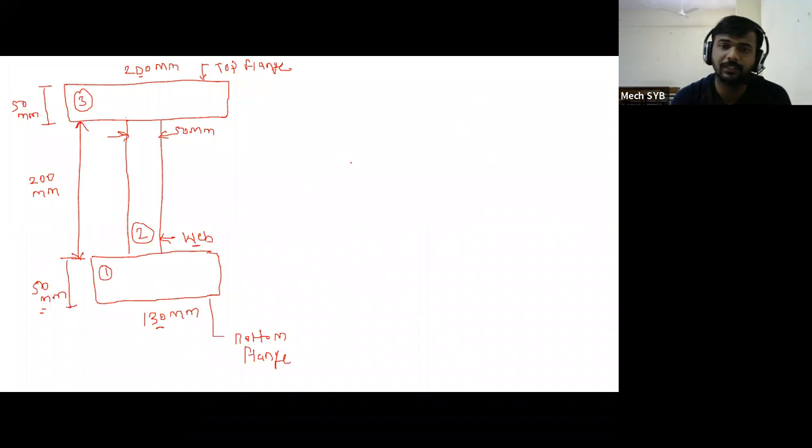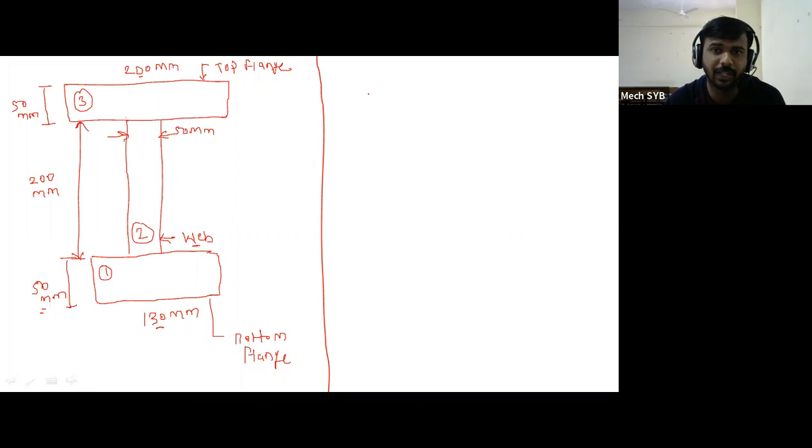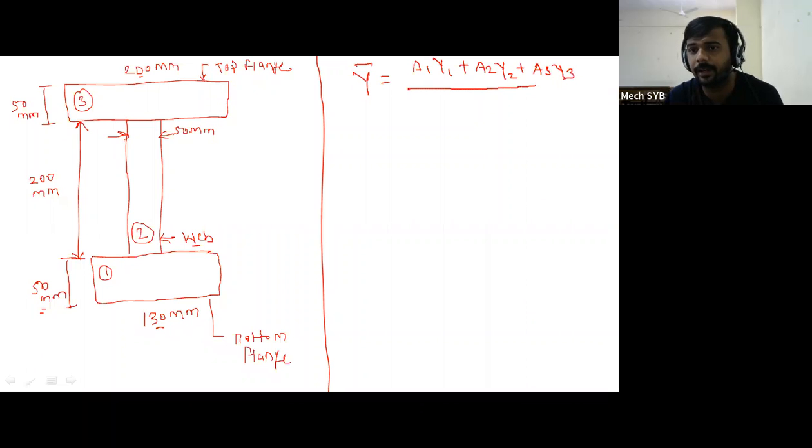Now this is the unsymmetrical I section. For the unsymmetrical I section, we have to use the y bar formula in the form of a1 y1 plus a2 y2 plus a3 y3, divided by a1 plus a2 plus a3.